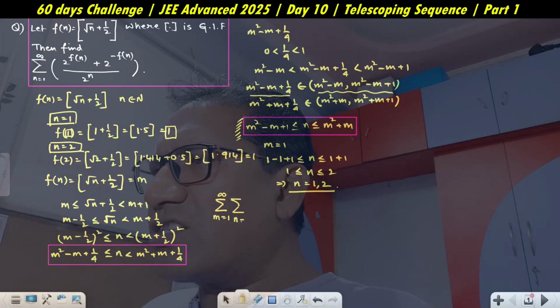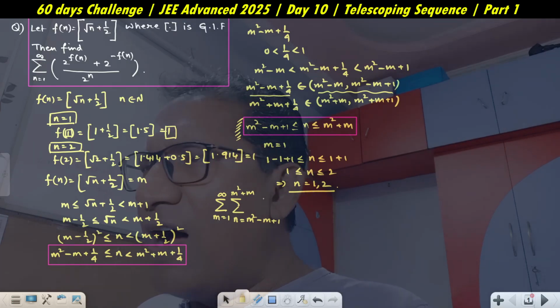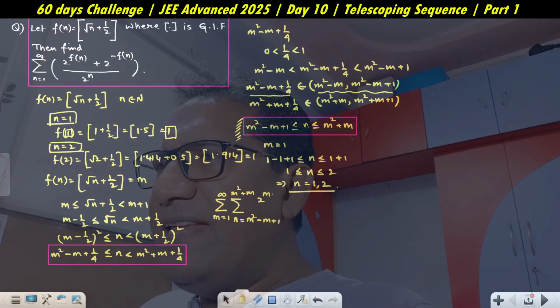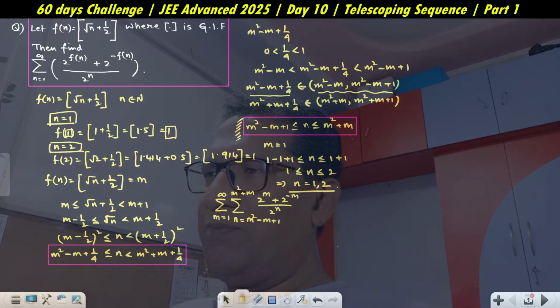Your n will start from, as we got the range, m square minus m plus 1 to m square plus m. And the function becomes 2 to the power m, because f(n) is m, plus 2 to the power minus m, divided by 2 to the power n.